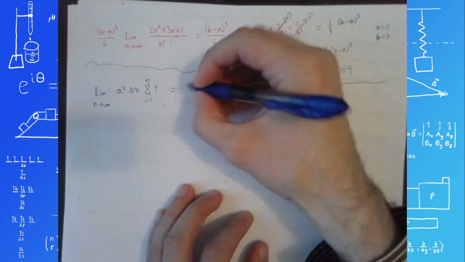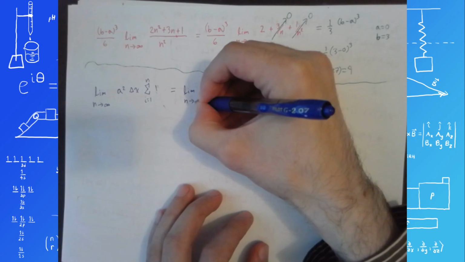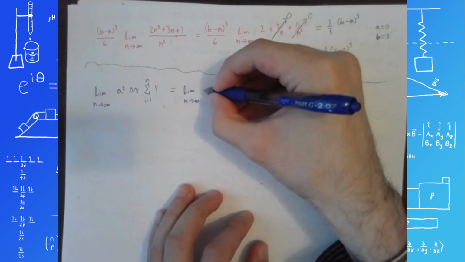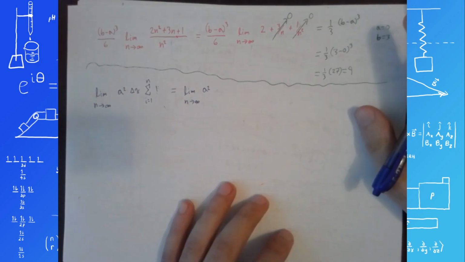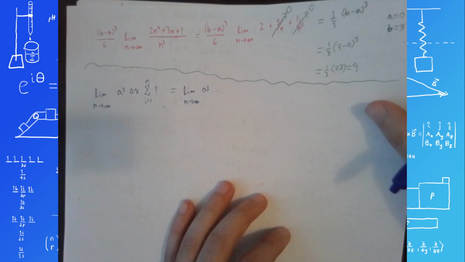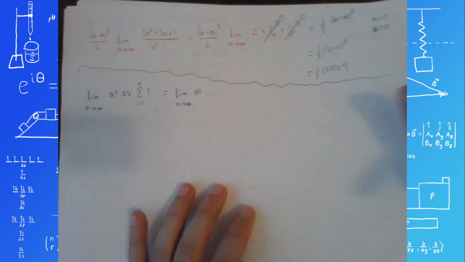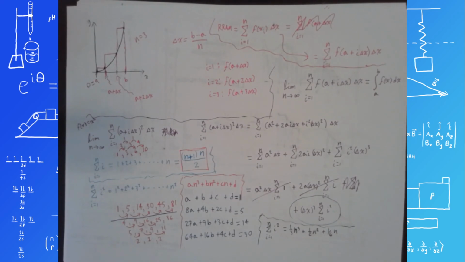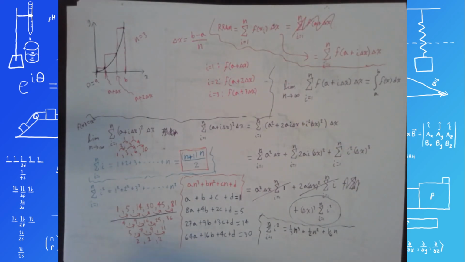So this simply becomes limit as n approaches infinity of a squared times our delta x, was what again? It was b minus a over n, right? Delta x was b minus a over n. Just double checking and making sure I didn't define it differently anywhere here. Yeah, delta x is b minus a over n.